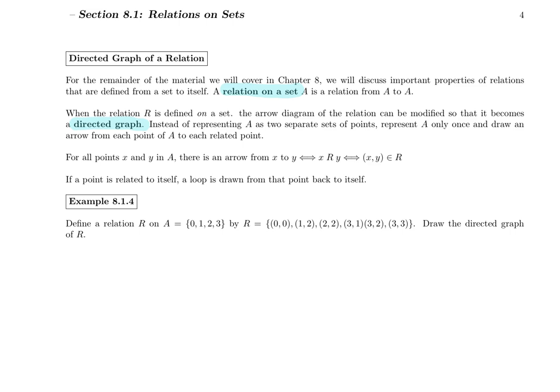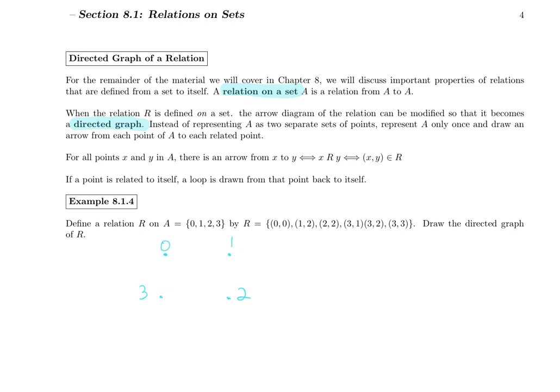So we have a relation R on set A. Set A is the set of elements 0, 1, 2, and 3. We are defining R, a relation, as the set of ordered pairs (0, 0), (1, 2), (2, 2), (3, 1), (3, 2), and (3, 3). And we want to draw a directed graph of R. So what we're going to do is represent each element in A: 0, 1, 2, and 3.